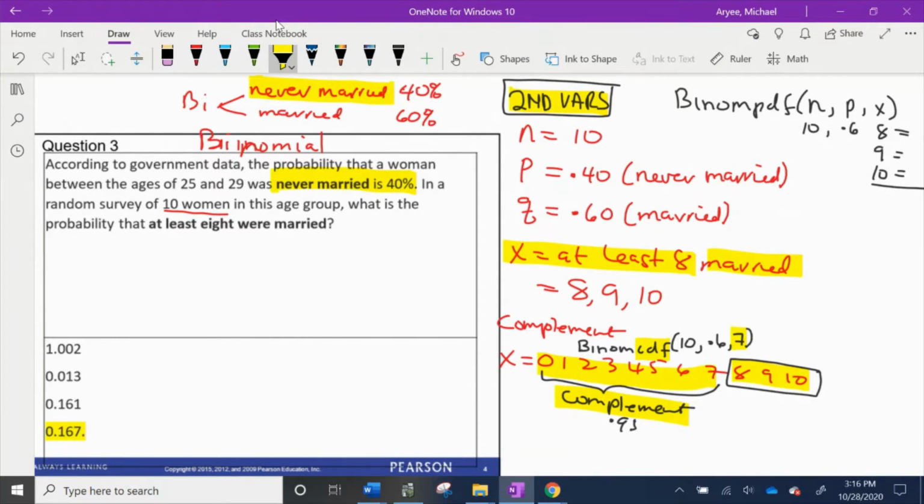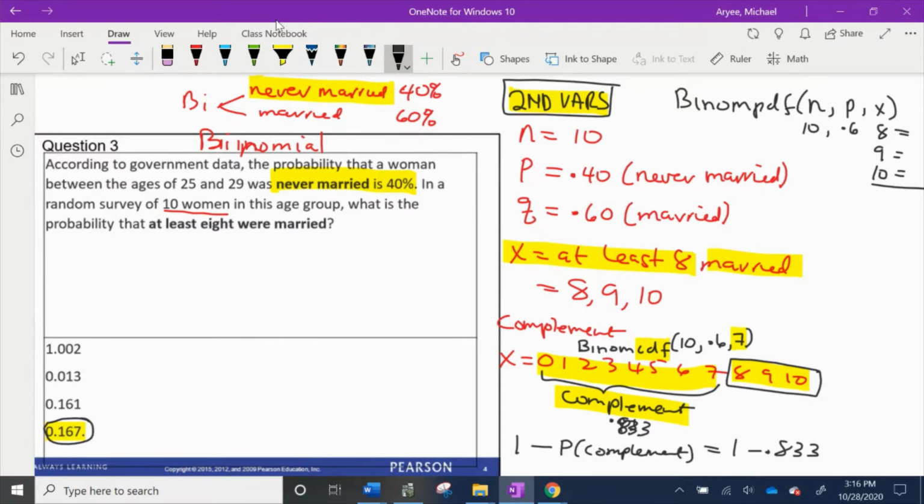It's 0.833 then. Okay, 0.833, right? Yep. So now you're going to do 1 minus the probability of the complement. So this will be 1 minus 0.833, and I believe you should get this answer.